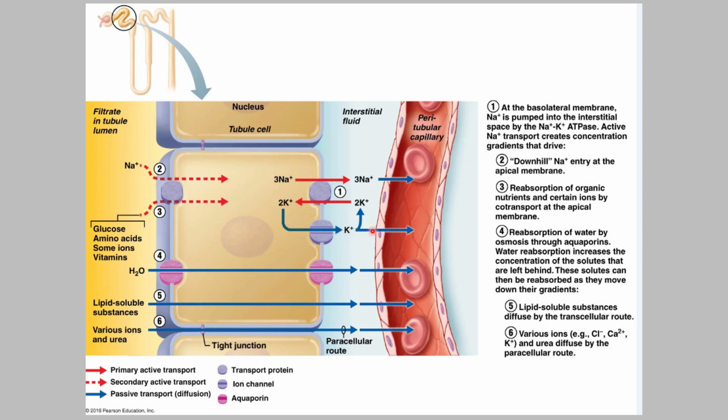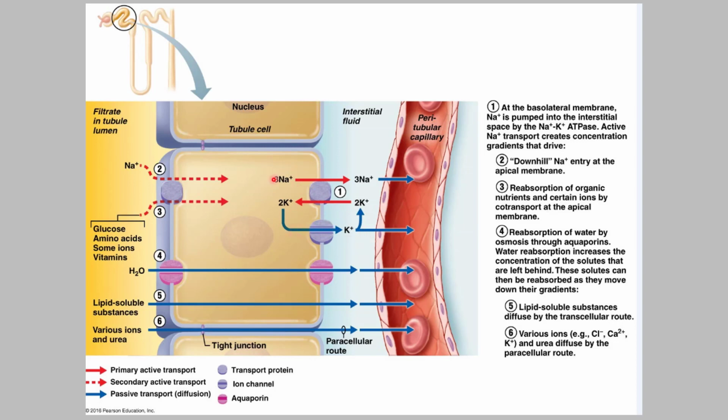Some of that potassium is just going to move into the bloodstream. We're going to reabsorb it. But most of that potassium just kind of goes through a circular route. It leaks out of the cell, it's pumped back in, and that just continues.